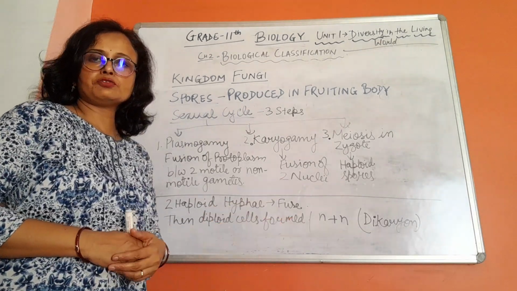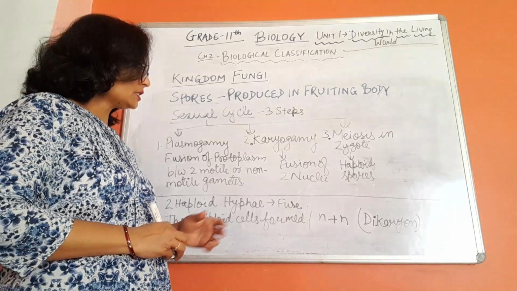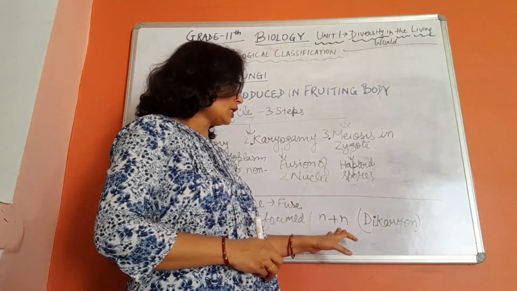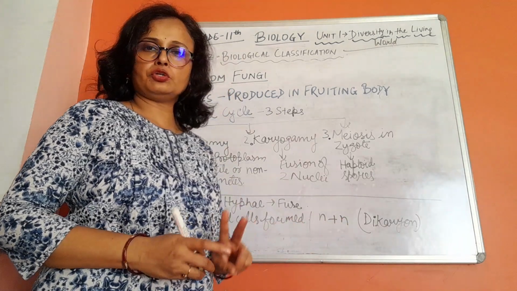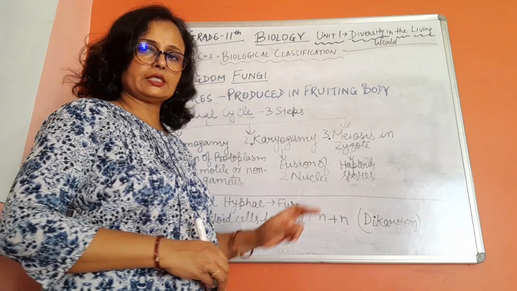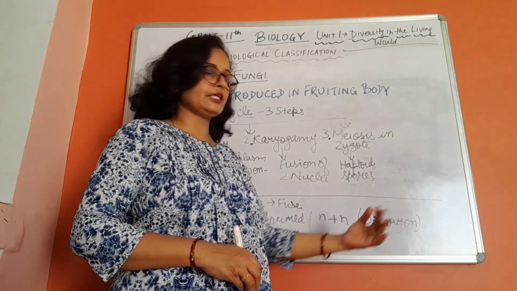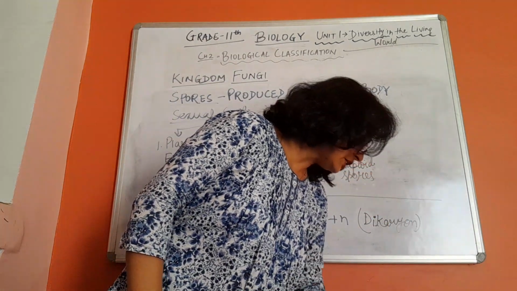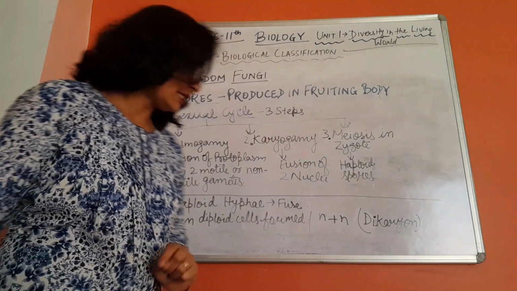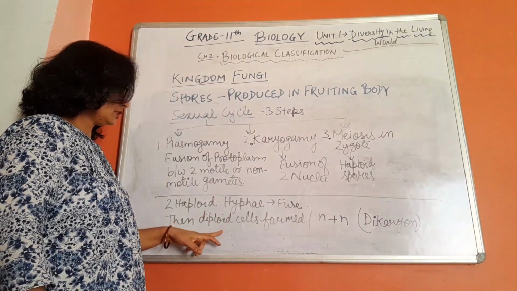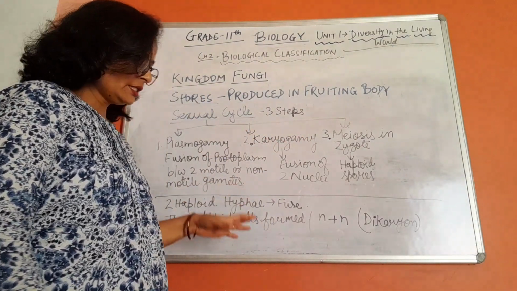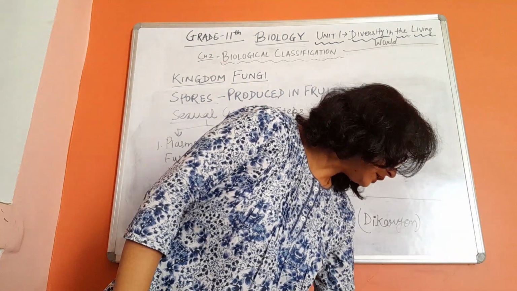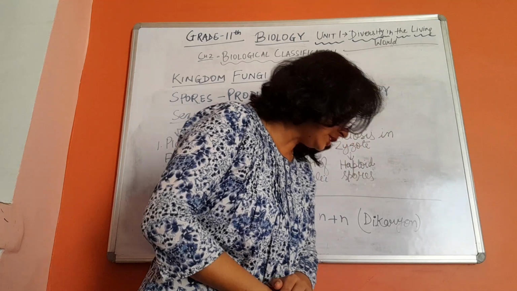But in some situations, diploid cells are not formed, but a cell is formed in which the 2 nuclei are separate from each other. That condition is called dikaryon, and that phase is called the dikaryophase in the fungus. So all these modes of reproduction take place in fungi, and different steps take place in fungi.